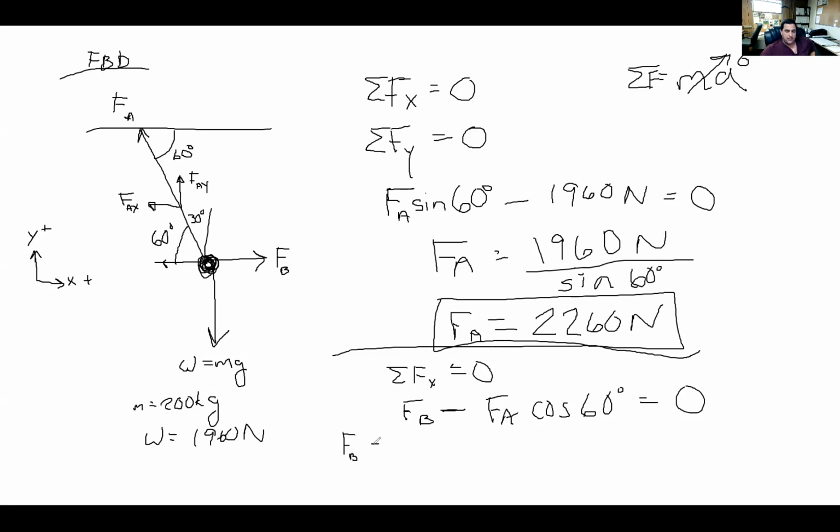So FB is equal to the 2260 that we solved in the first part, cosine 60 degrees. Just moving that over to the other side.